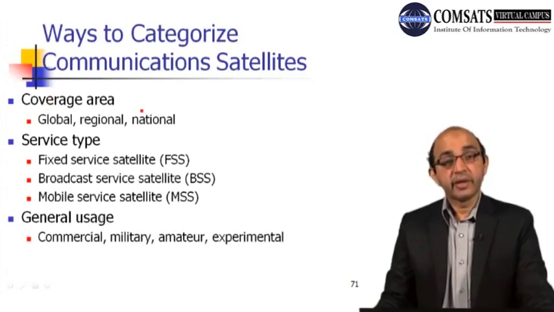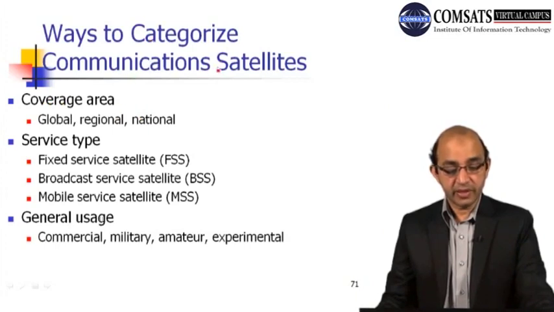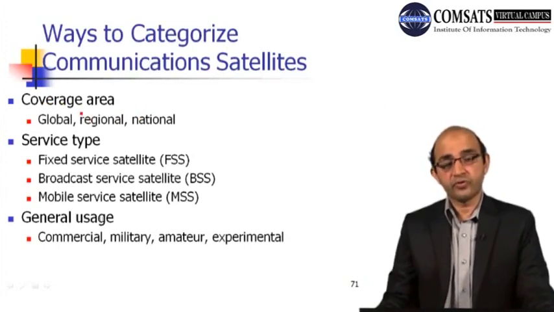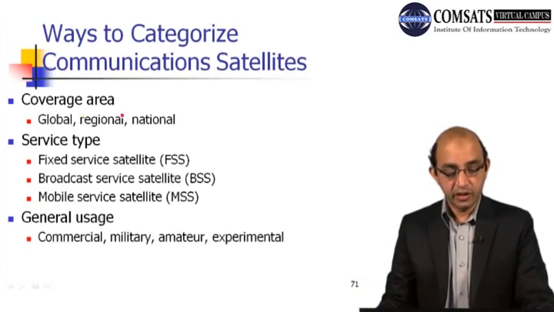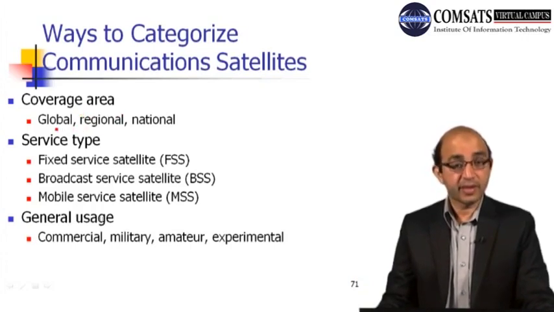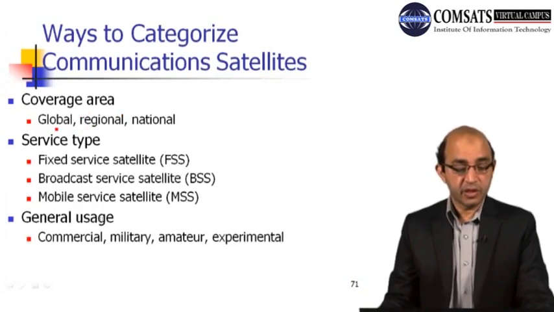So here we have mentioned different ways to categorize communication satellites. One of the key factors is coverage area. We can categorize satellite communication on the basis of coverage area: global, regional and national.